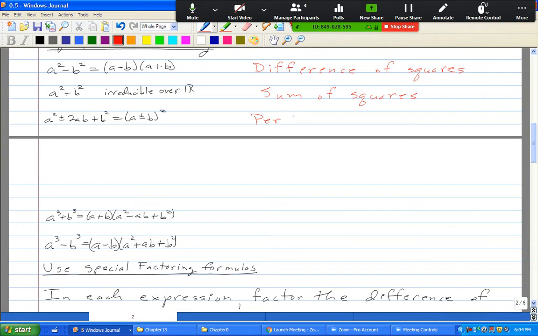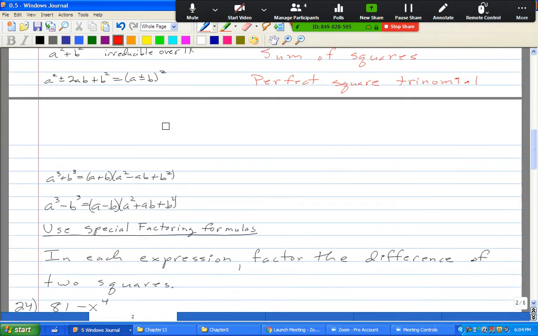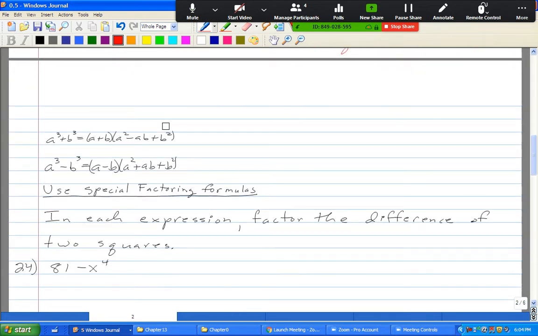I'll just write it as one formula rather than as two formulas by utilizing the plus or minus. So a squared plus or minus 2ab plus b squared is just equal to a plus or minus b quantity squared.